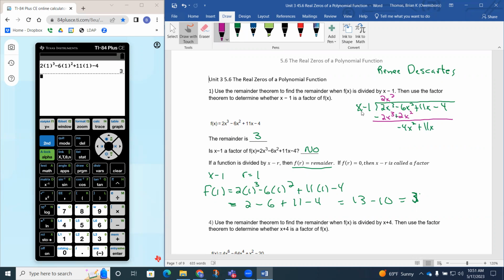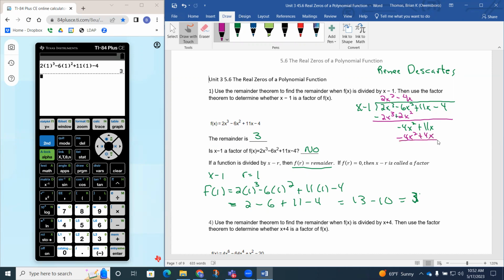Then we start all over again. Just focus on the front end. x goes into -4x squared. In other words, what times x gives me -4x squared? It looks like a -4x. So if I put a -4x up here, then I multiply this -4x times x, which is -4x squared. -4x times -1 would be a positive 4x.